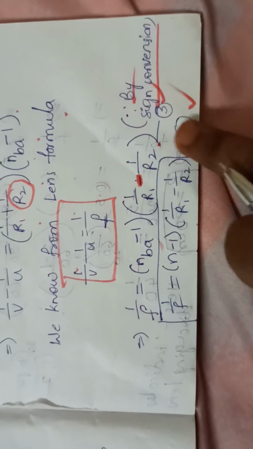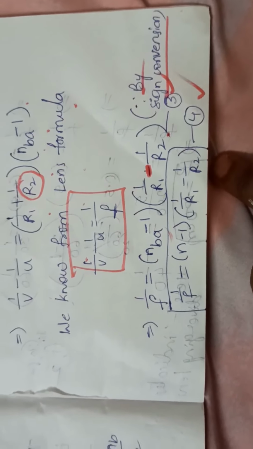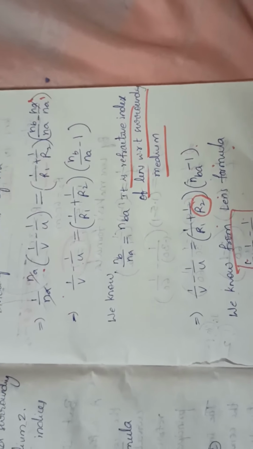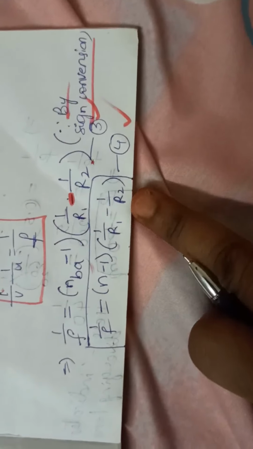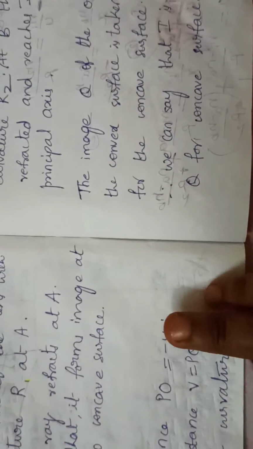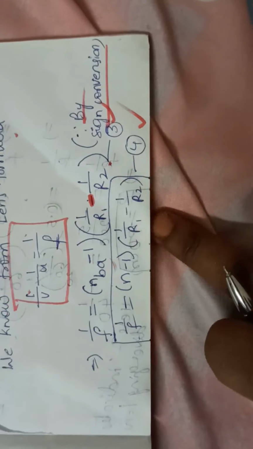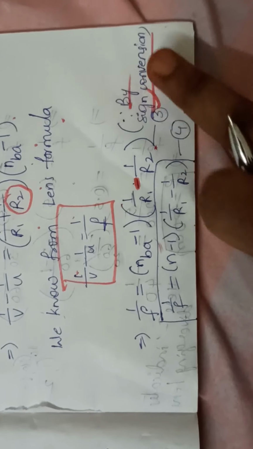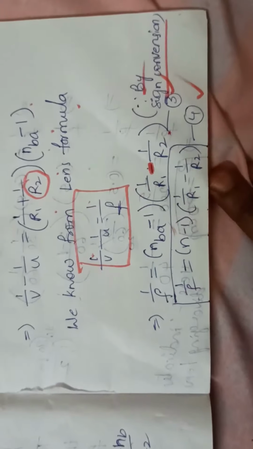After getting the final equation we got this one. So here also we are not taking it directly. Here we are just adding, we are not considering that sign convention, lastly we are adding. So first also we haven't taken it, here also we haven't taken it; after completion of the derivation we are considering that sign convention, that's why here we got that minus sign. So by sign convention we are taking R2 as minus R2.